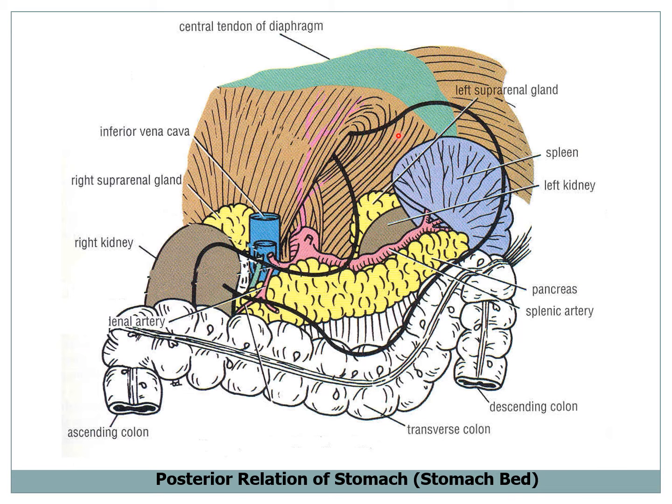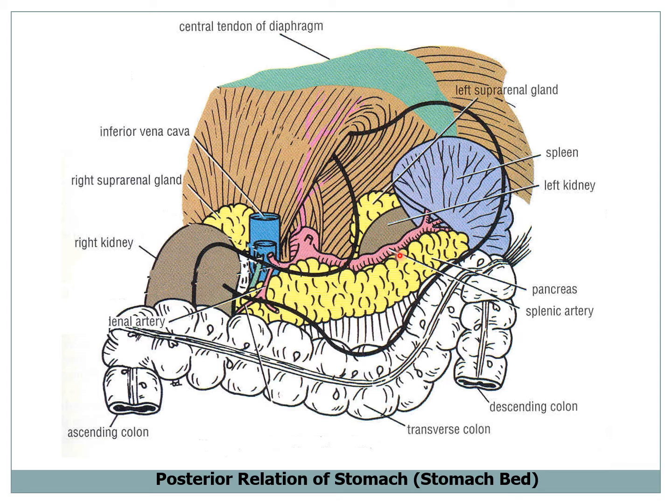You see this diagram? These are the posterior relations of the stomach. The posterior relation of the stomach, or the stomach bed, is covered with peritoneum of the lesser sac except the bare area. This surface is related to a number of structures which are called the stomach bed. The stomach bed is covered with peritoneum of the lesser sac and forms a shallow fossa upon which the stomach rests in the recumbent supine position.